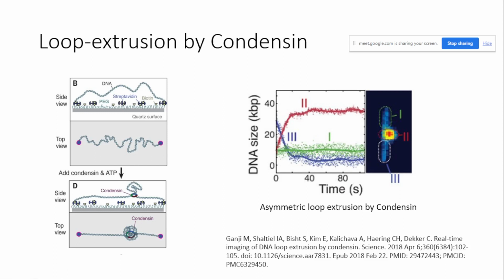What do you think? From which portion is the loop being extruded, from region 3 or region 1? Hint: region 3 DNA size is going down, region 1 DNA size is constant, and region 2 loop size is increasing. So in this loop formation, from which region is it taking the loop? Region 3 or region 1?